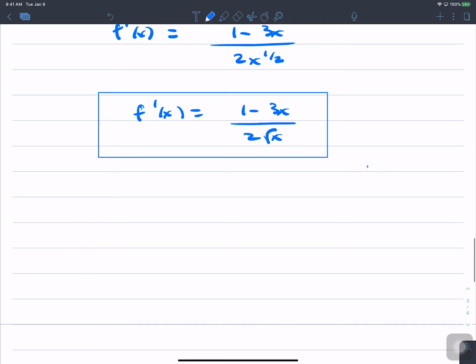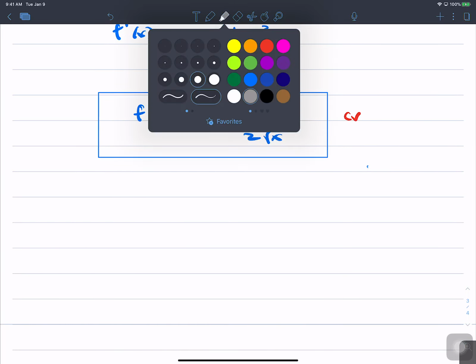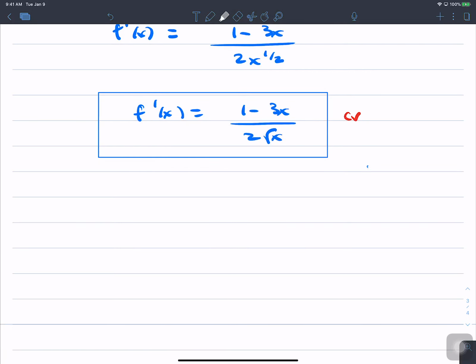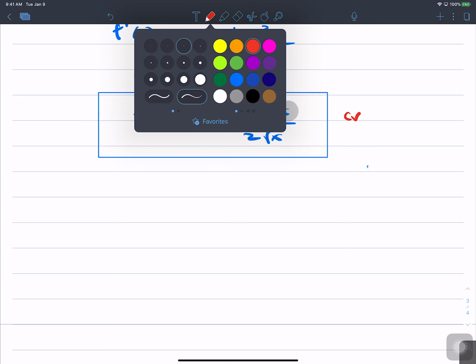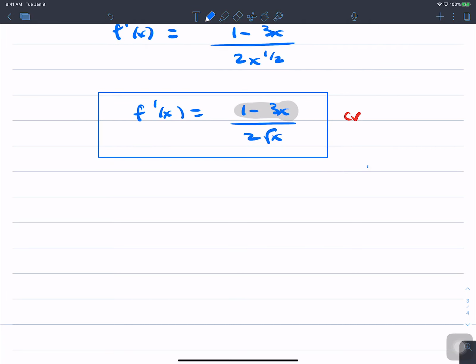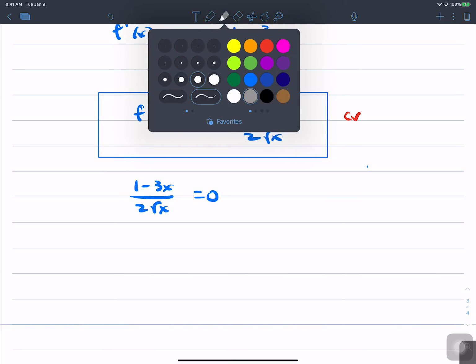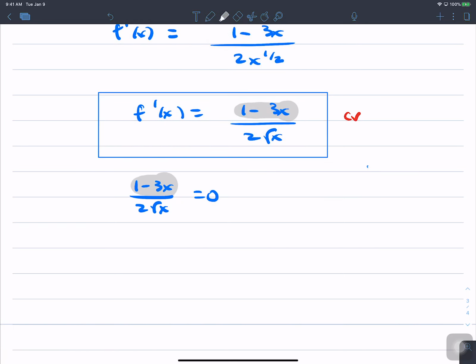Now, remember, for a critical value, we need to set the derivative equal to 0. So this is 1 minus 3x over 2 square root of x. That has to equal 0. Which really means, to get that derivative to be 0, it means my numerator is 0.